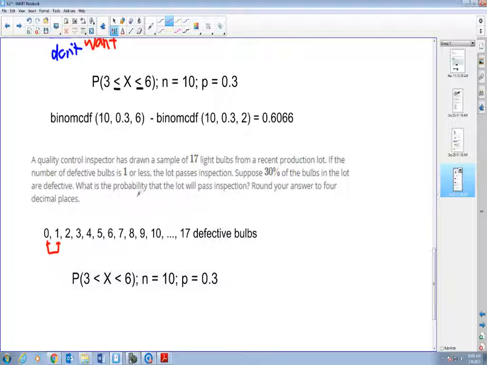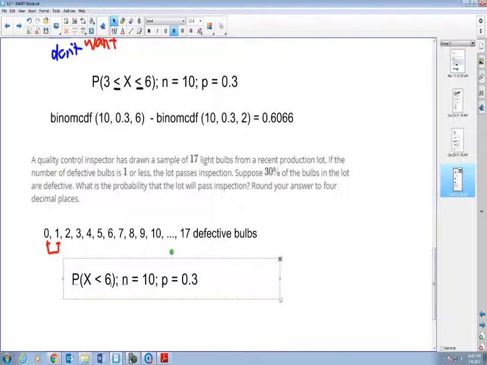So what is the probability that it will pass the inspection? This problem is actually going to be less than or equal to 1. Alright, that's what we wanted. I got 17 bulbs.